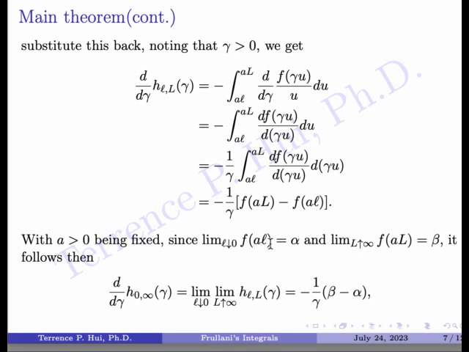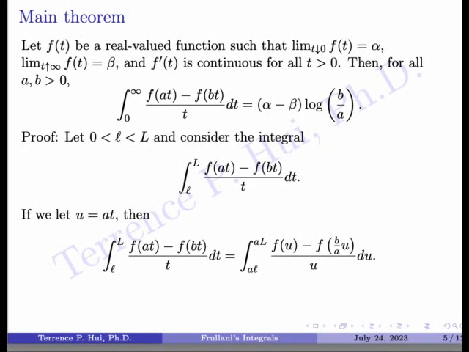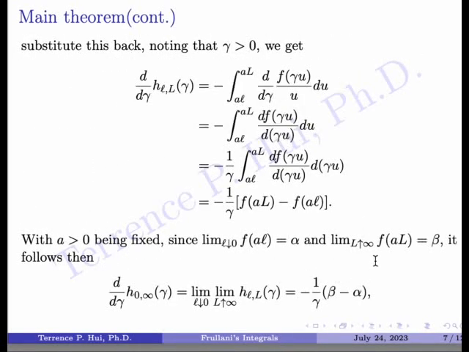But we were told that this function is such that as it goes down to 0, it has a finite limit alpha. Similarly, capital L is also arbitrarily set somewhere. As I let capital L go up, a is positive and fixed, so a times L also goes up. And we have also been told by the second condition that f of something going up to infinity has a fixed limit beta.